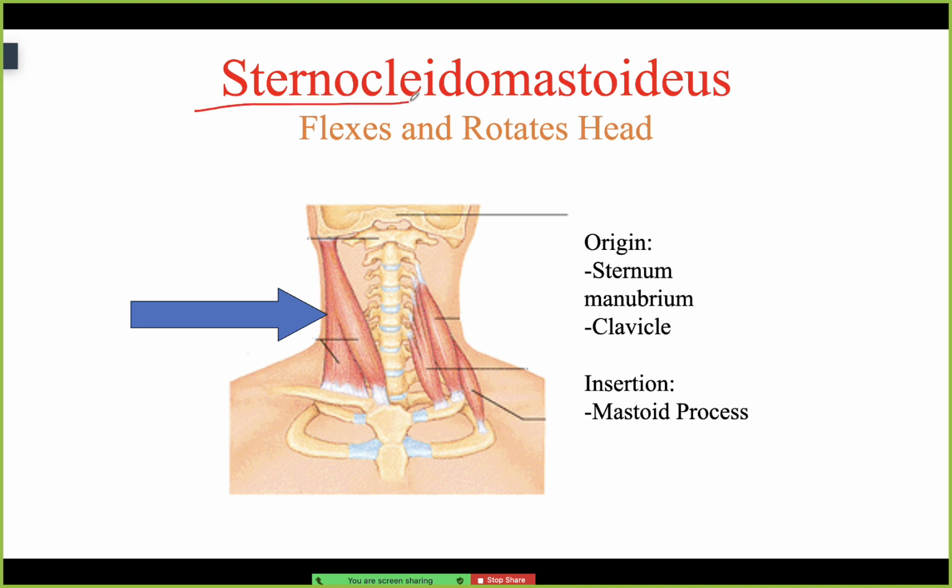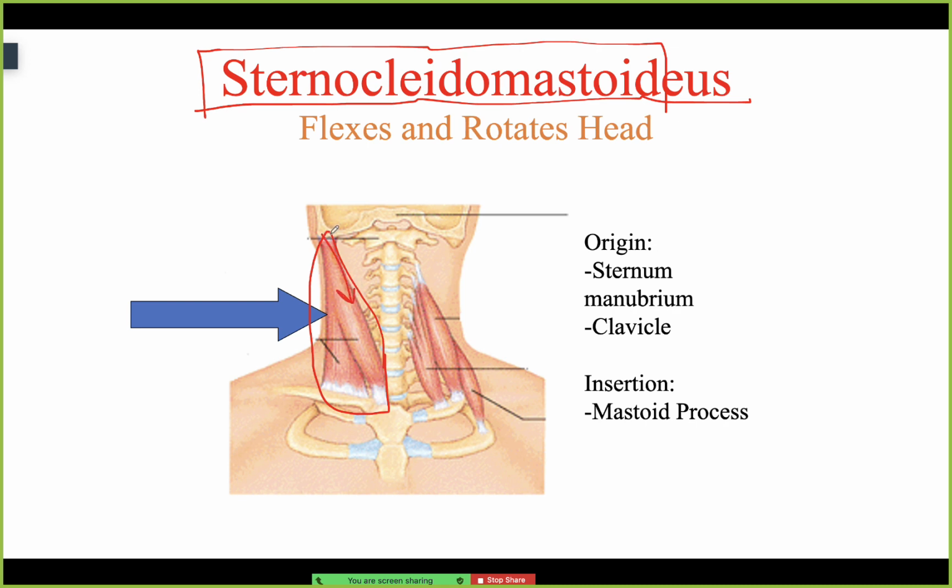The sternocleidomastoideus muscle. It's also called the sternocleidomastoid. So that is the name that you'll see on the list that I've given you. The sternocleidomastoid muscle is this guy right here. It's going to be found in your neck. And when you contract it, it's going to flex your head down.